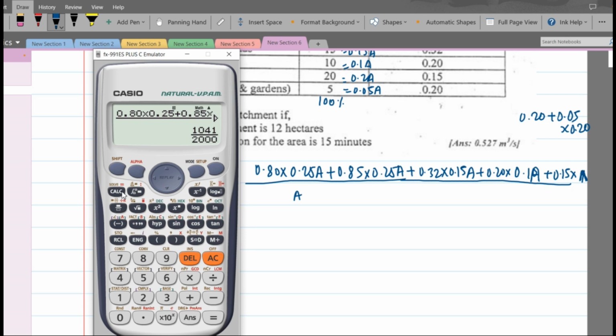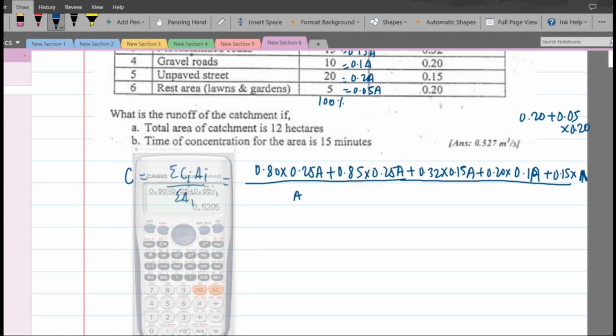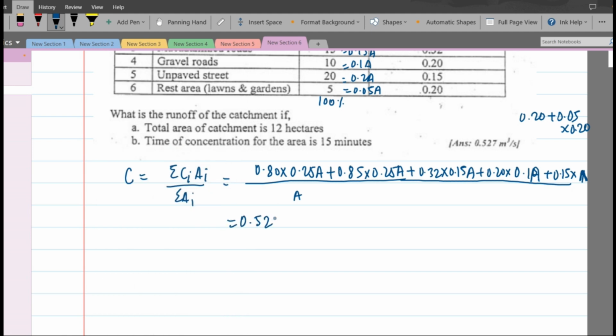And in the denominator it will be 1. So it will be 0.5205, right? So C is given.